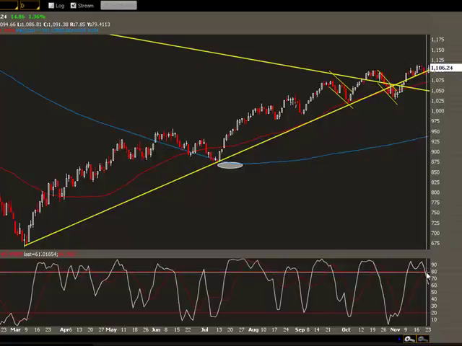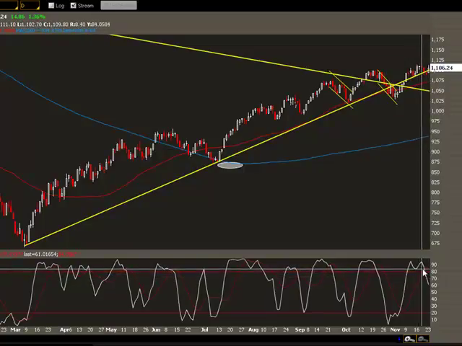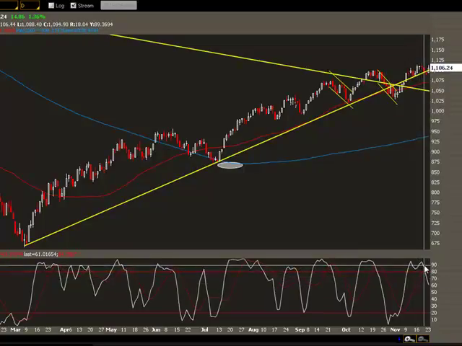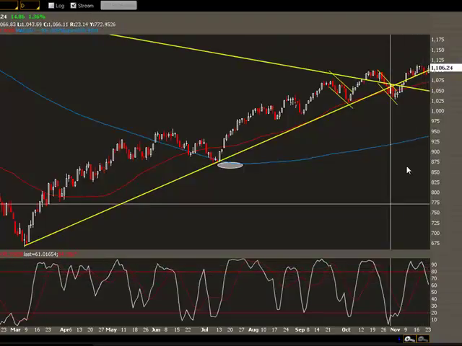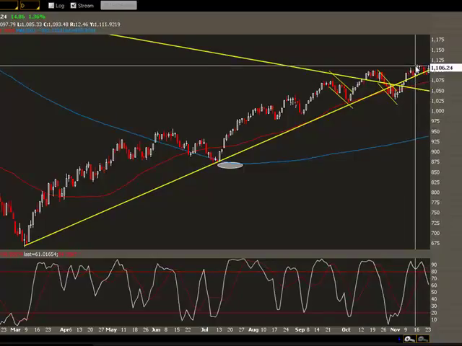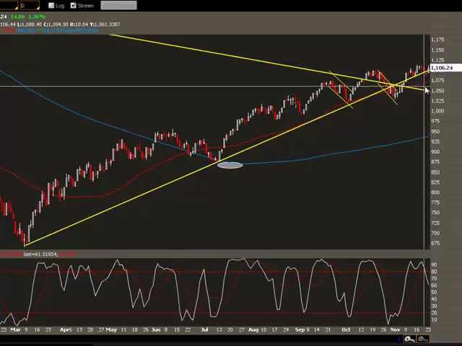The stochastic is in the overbought region, and we're seeing the red line, which intersects with the white line, now beginning to turn, which is indicating to us that the market may turn down here. So for the longs, the risk and reward becomes very marginal.